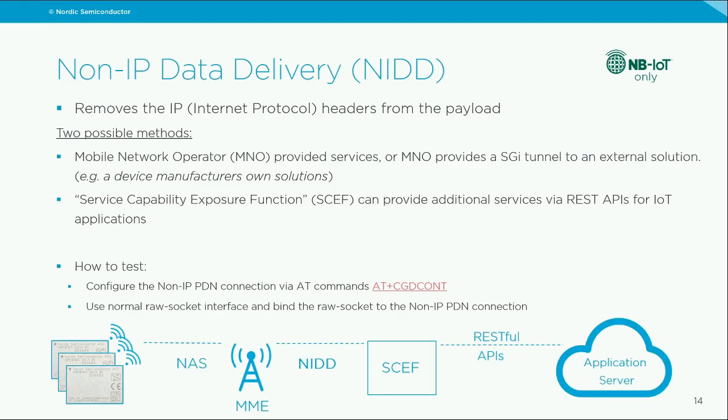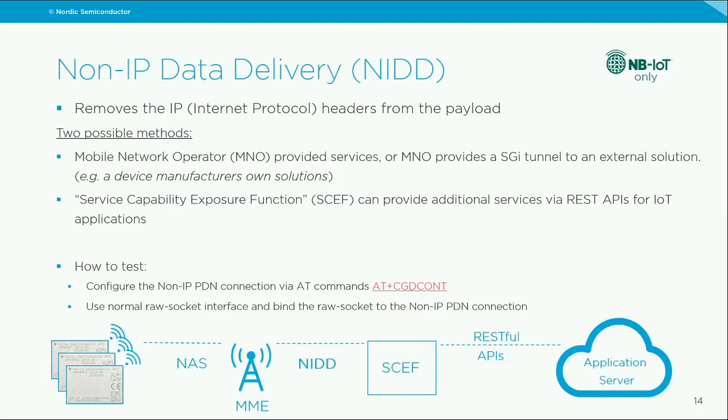Now there are two possible methods to do this. Either the mobile network operator provides the services for you, or the mobile network operator provides something called an SGi tunnel to an external solution, for example a device manufacturer's own solution.